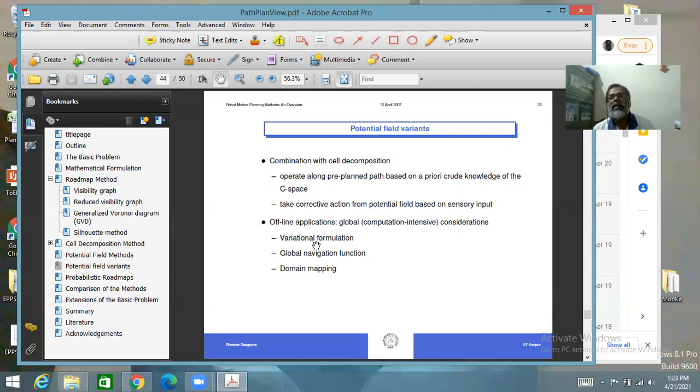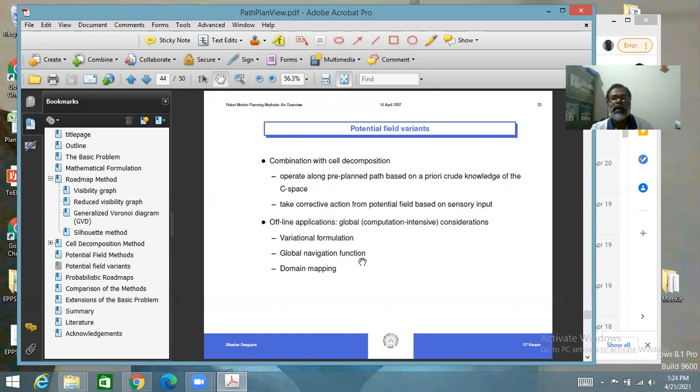Then ask it to satisfy a variational principle which says that the action, which is the integral of a Lagrangian defined using the geometry of the C space, is minimum. The action is the integral of the Lagrangian over u. This is one way which we have found quite successful in getting paths in very complicated regions. We have some publications which you can see at leisure if you are interested.